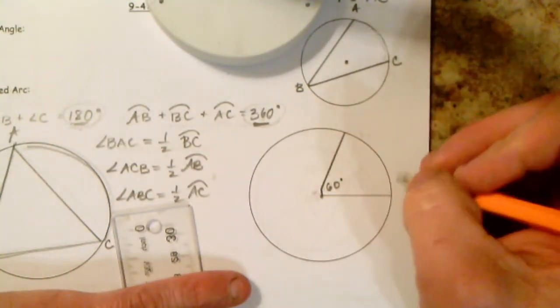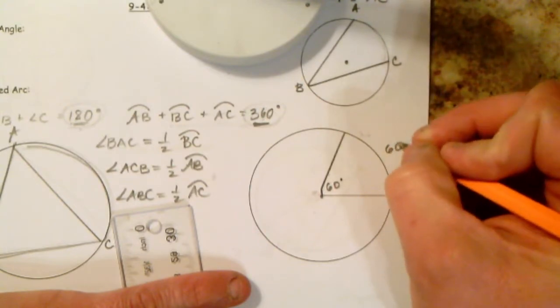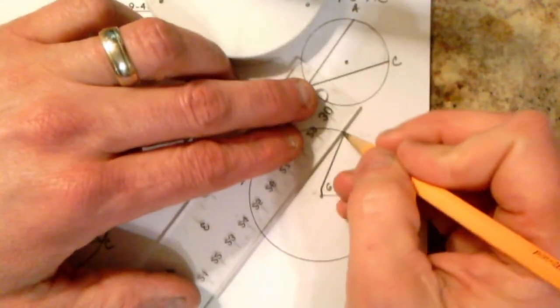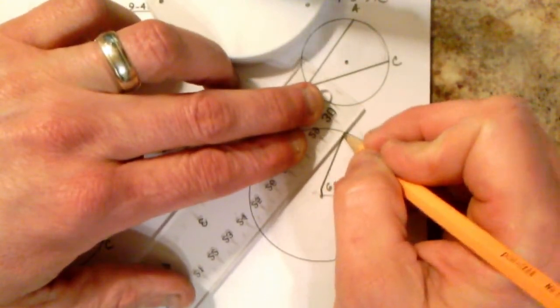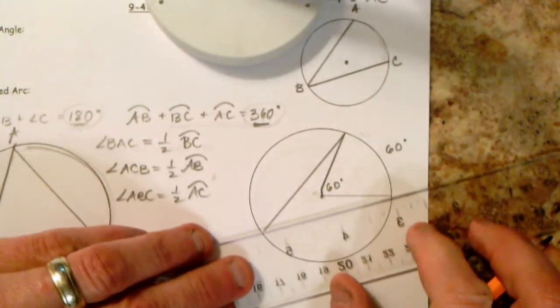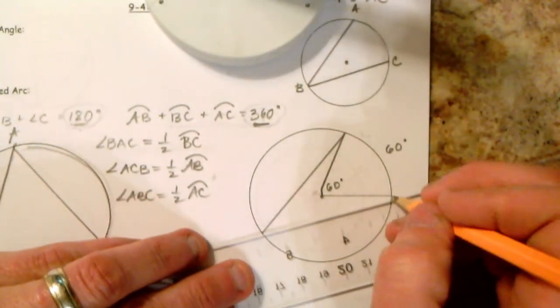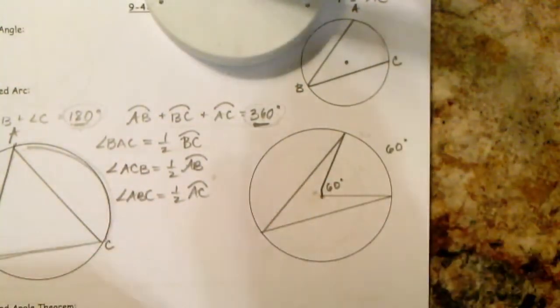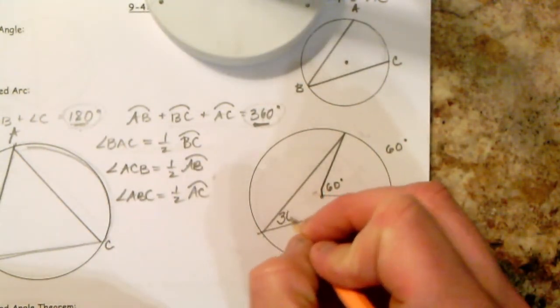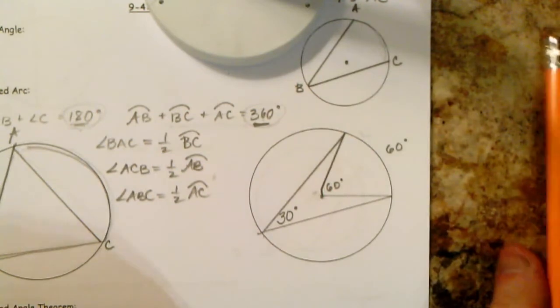So this arc out here has to be the same amount because the central angle is equal to the arc measure, so 60 degrees. And then what we're going to do, I'm going to go over here and inscribe the angle. And this angle right here is going to be half as much. So it's going to be 30 degrees. Okay?